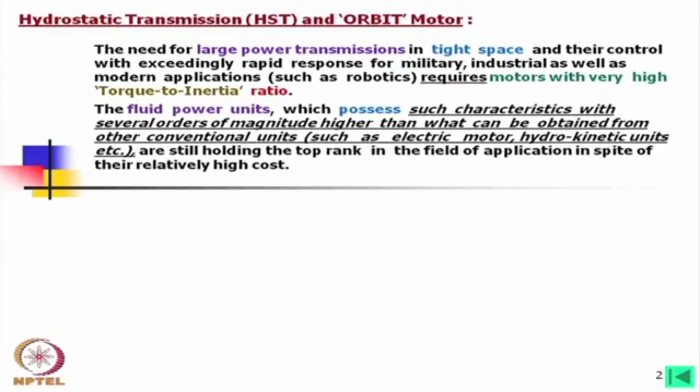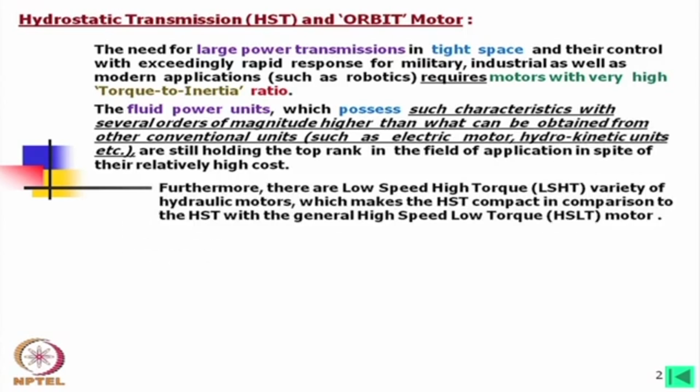The fluid power units in general possess such characteristics with several orders of magnitude higher than what can be obtained from other conventional units such as electrical motor, hydrokinetic units, etc. And these are still holding the top rank in the field of application in spite of their relatively high cost.